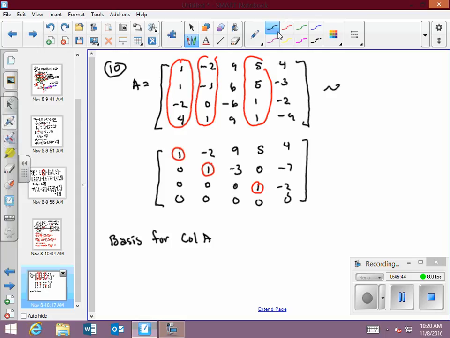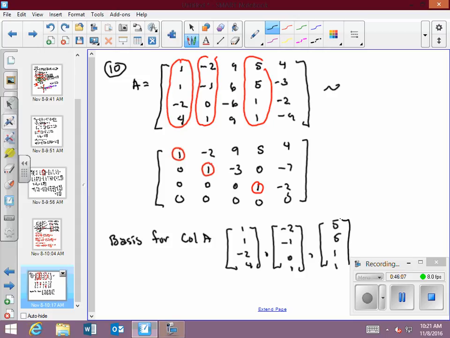So the basis is the vectors 1, 1, minus 2, 4, minus 2, minus 1, 0, 1, and 5, 5, 1, 1. So that's a basis for it. The basis for the column space is pretty easy to get.